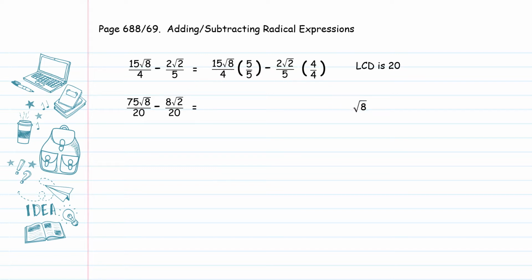Now let's take a look at this radical 8. Radical 8 can be expanded inside the radical as 2 times 2 times 2. Which leads us to the definition of a radical. This happens to be the square root, meaning that if we see two of the same numbers in the radical, we can take it outside the radical, and what we'll be left with is just radical 2 inside the radicand.